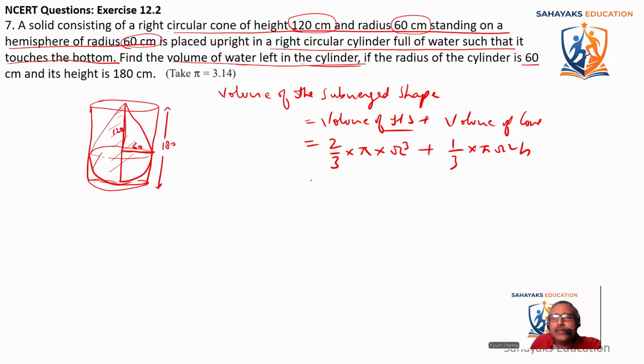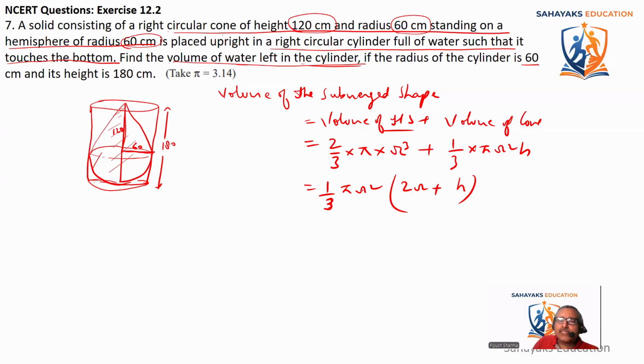So what is common here? Common is 1 by 3. Pi is also common. R square is also common. So what is left? It is 2r plus h. Only h is left. So this is the volume of the submerged thing.